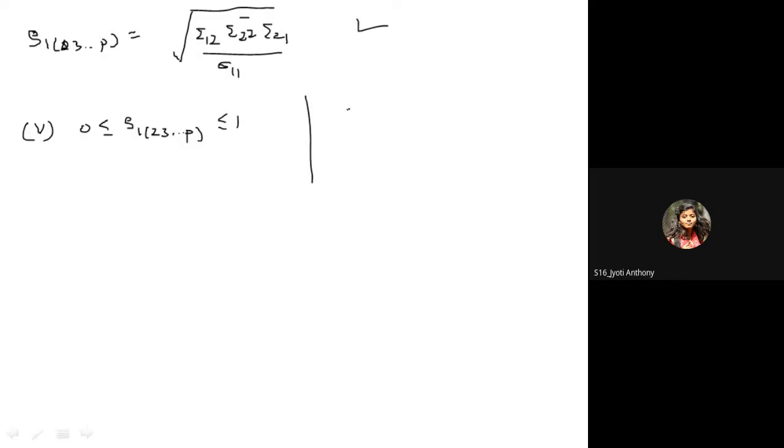It is sigma 1 2 3 up to p, which is nothing but the square root of sigma 1 2 sigma 2 inverse sigma 1 upon sigma 1. So what is sigma 1 2? Sigma 2 inverse sigma 1.